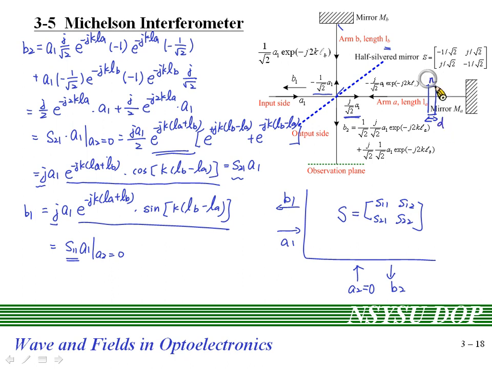And if you know the index n, then the thickness d will have a corresponding phase contribution along this path, and this contribution will also change the output power at port 2, right? So you can find out the thickness of the material by the variation in the output power.